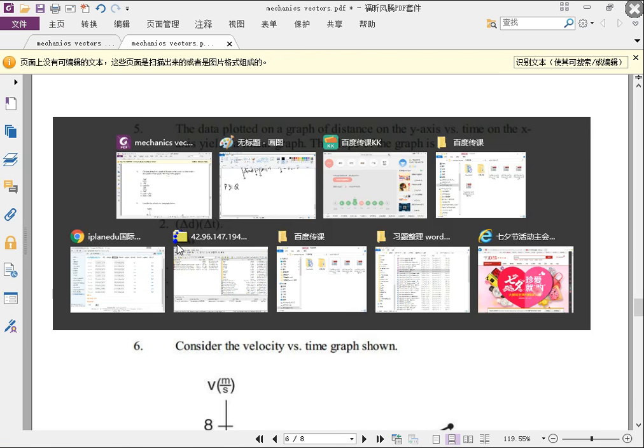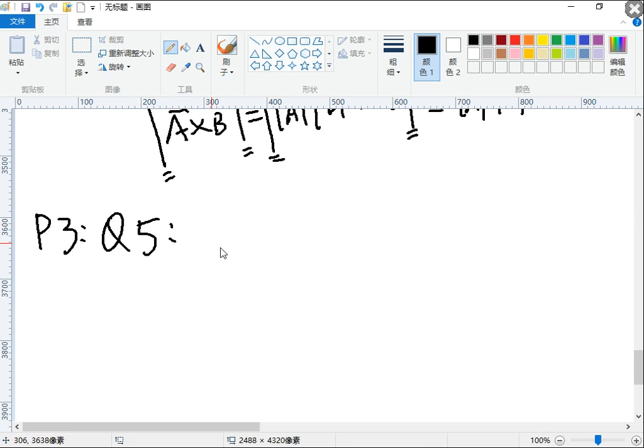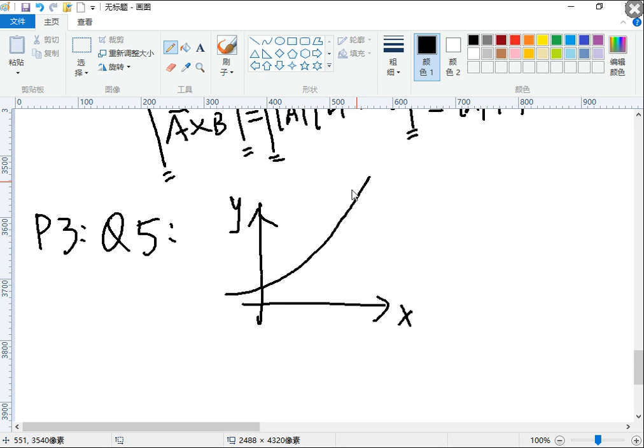Question 5. The definition of a slope. Once you have x-axis and y-axis, the definition of the slope is how steep a line is. Generally, for any segment, you calculate the change in x and you calculate the change in y.